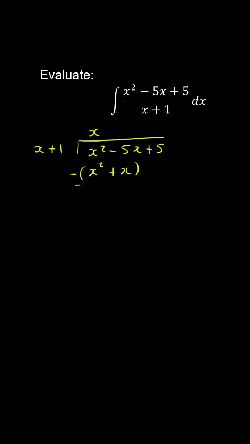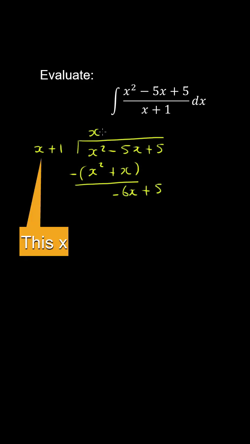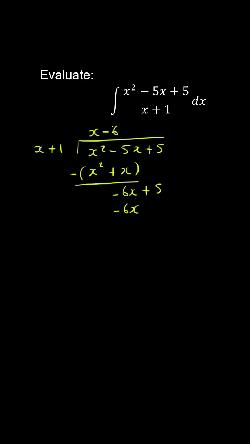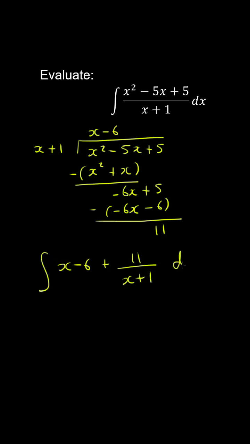And we subtract those, and what we end up with is minus 6x plus 5, and then x into minus 6x goes minus 6 times, by x is minus 6x, and then minus 6 by 1 is minus 6. And then we subtract those from each other, and we end up with 11 for our remainder. So therefore this integral can be written as x minus 6 plus 11 on x plus 1. And now you should find this easy to integrate, and post your answer in the comments.